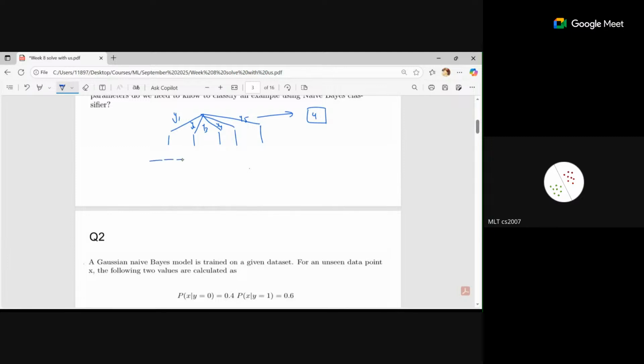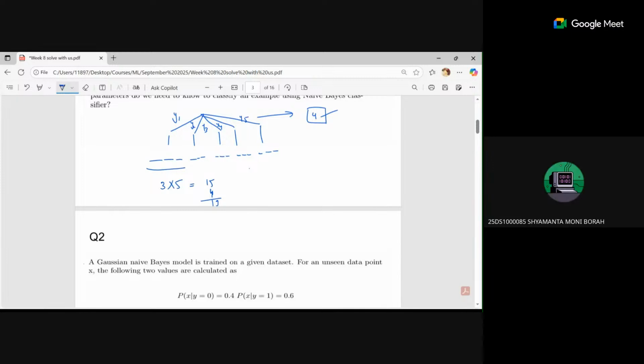So 3 features here, 3 features here, 3 features here, 3 features here, right? So from here we need D, which is 3, and 3 into 5, which is 15. Plus 4 from the top, this is 19.